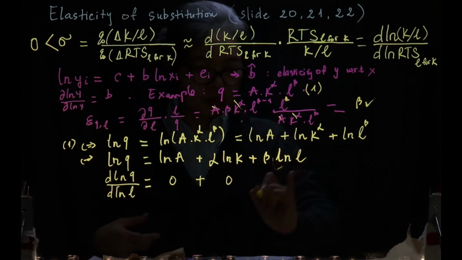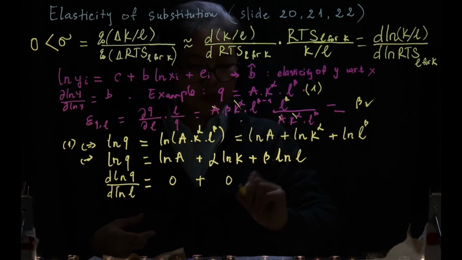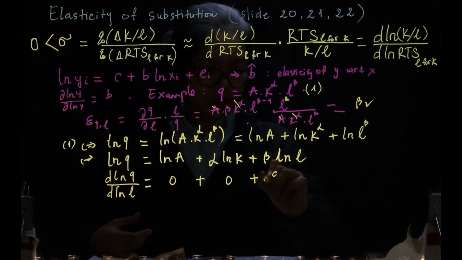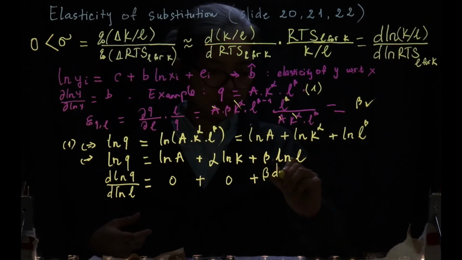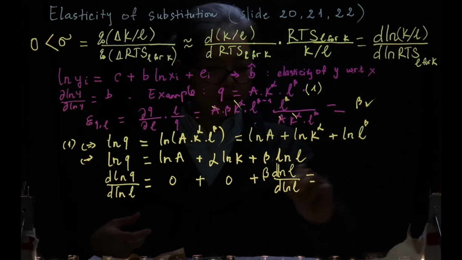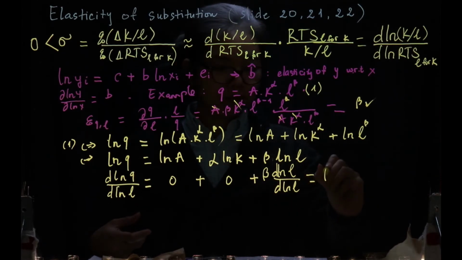There's no ln L. And here you have ln L. So the derivative of a constant times a function is that constant times the derivative of the function itself, right? With respect to ln L itself. And this is beta, right?